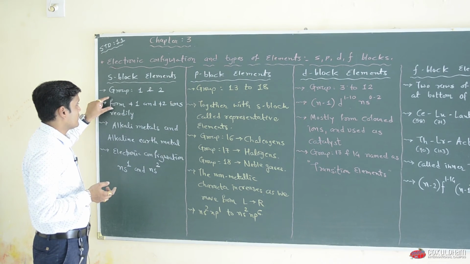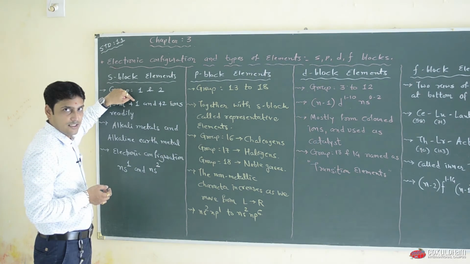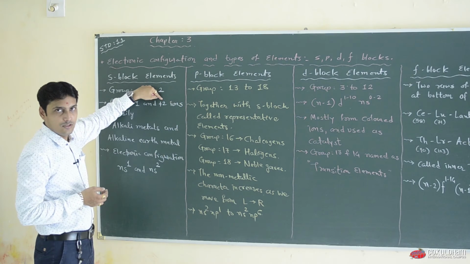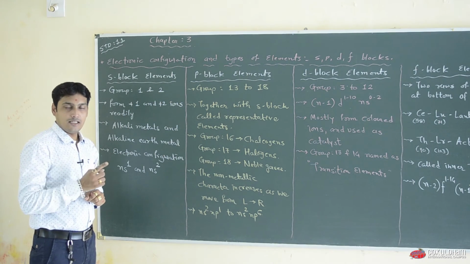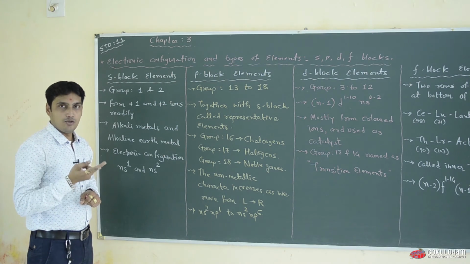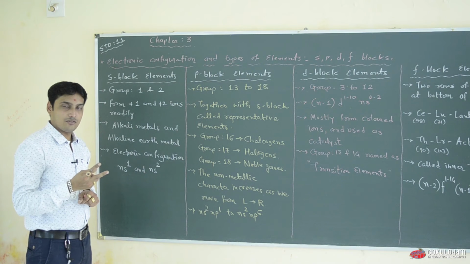Group number 1 always forms a +1 oxidation state, and group number 2 always forms +2 ions, because group number 1 has 1 electron in its outermost orbital, and group number 2 has the same condition but 2 valence electrons are present.